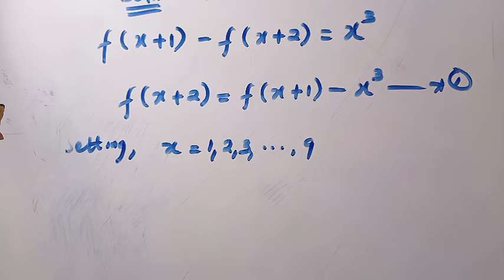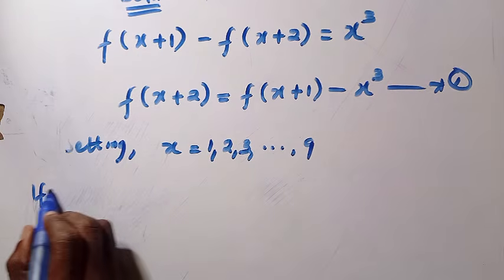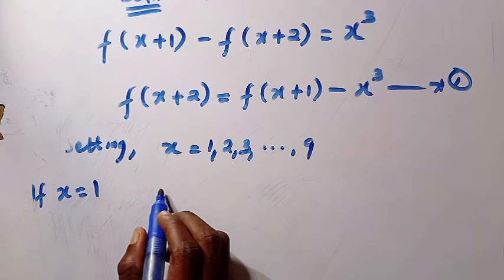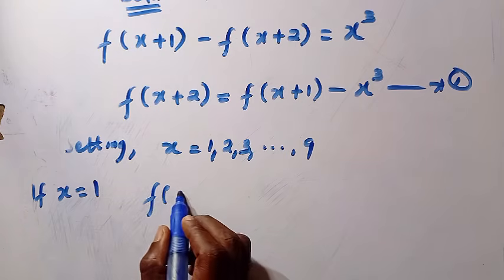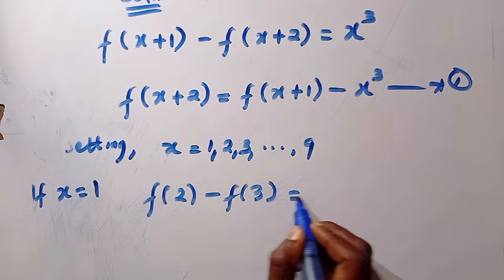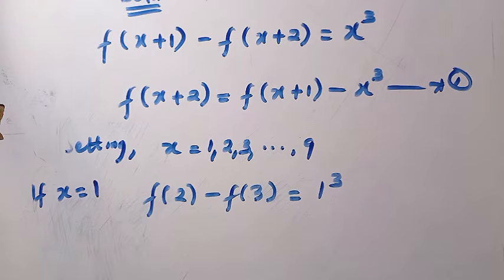If we have x equals 1, we get f(2) minus f(3) equals 1 raised to the power of 3, using the first one.